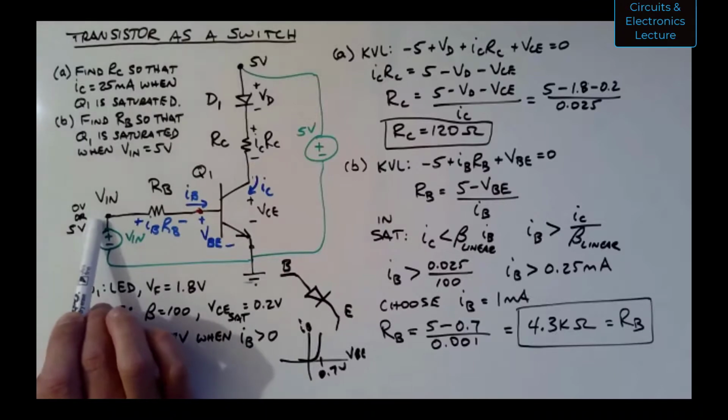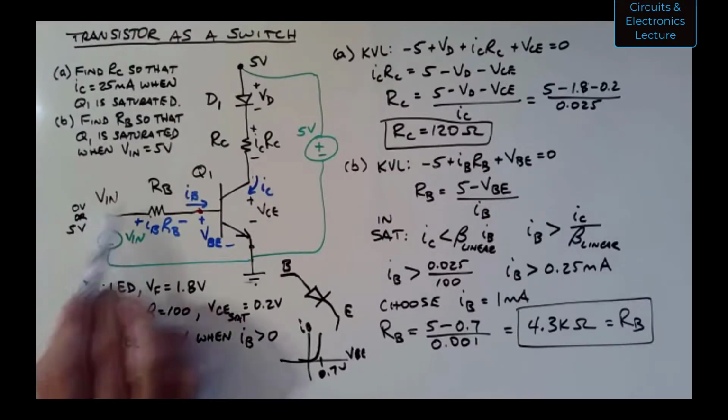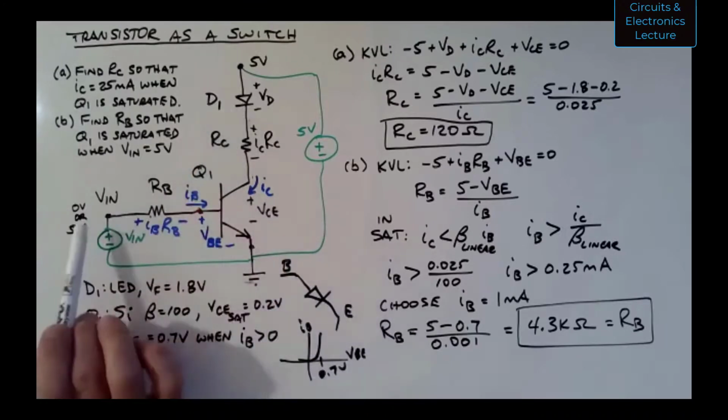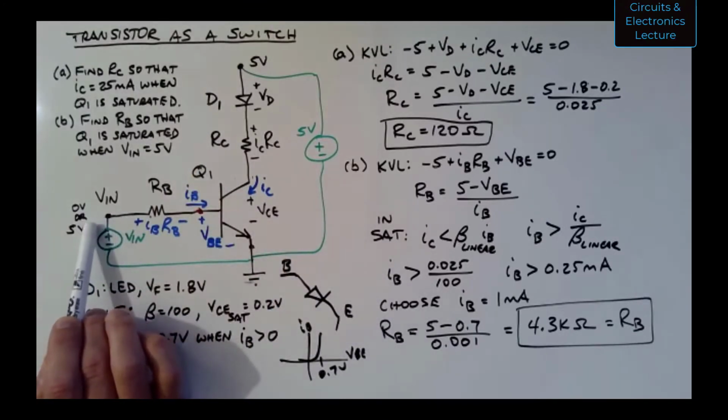Typically, if you were going to apply a square wave, you could go negative, but if you were going to flash this LED, you would apply a square wave that varied between 0 volts and 5 volts, just like you did in your RC circuit lab, and you could flash that LED. In fact, remember you did pulse width modulation, we're going to talk about this later in the course.